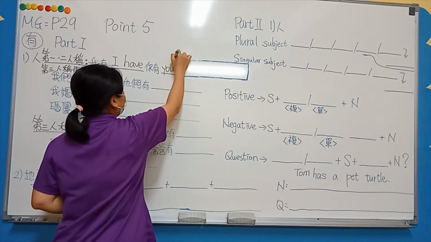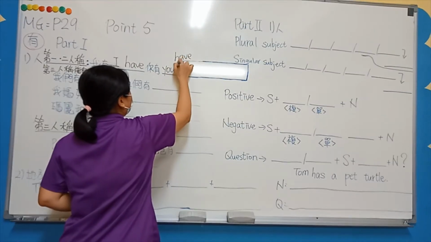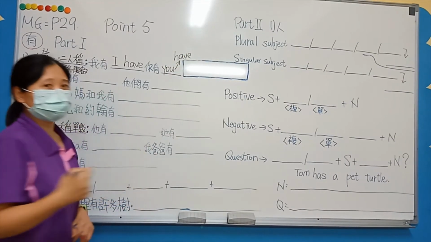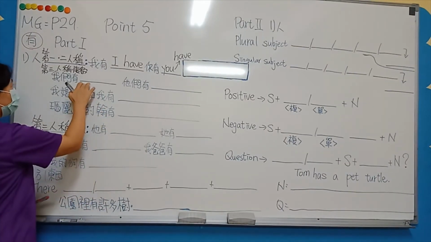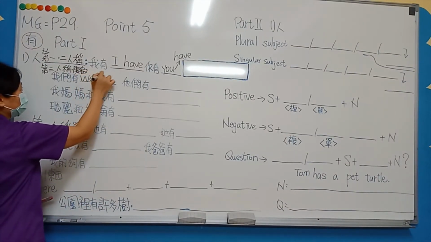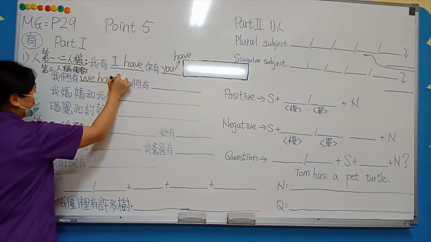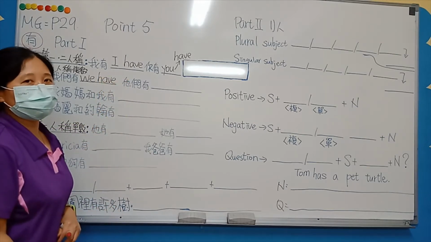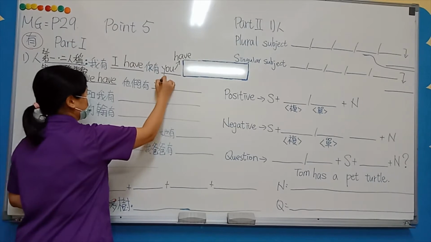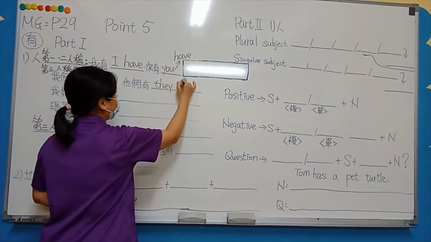If you write small one, it's okay. You need to use have. 我们有, we have. 他们有, plural number 3. They still need to use have.